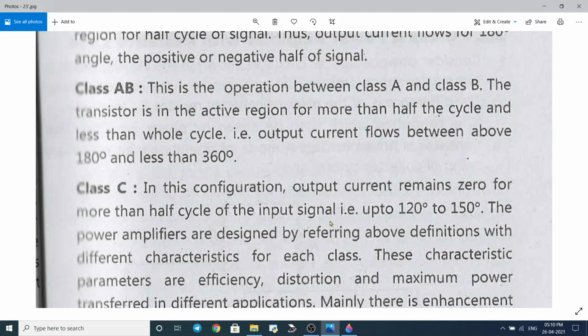The current remains zero up to 120 degrees or 150 degrees. Means current flows only for the remaining part of the input signal, which is less than half cycle. Remember, the remaining part will be less than half cycle.